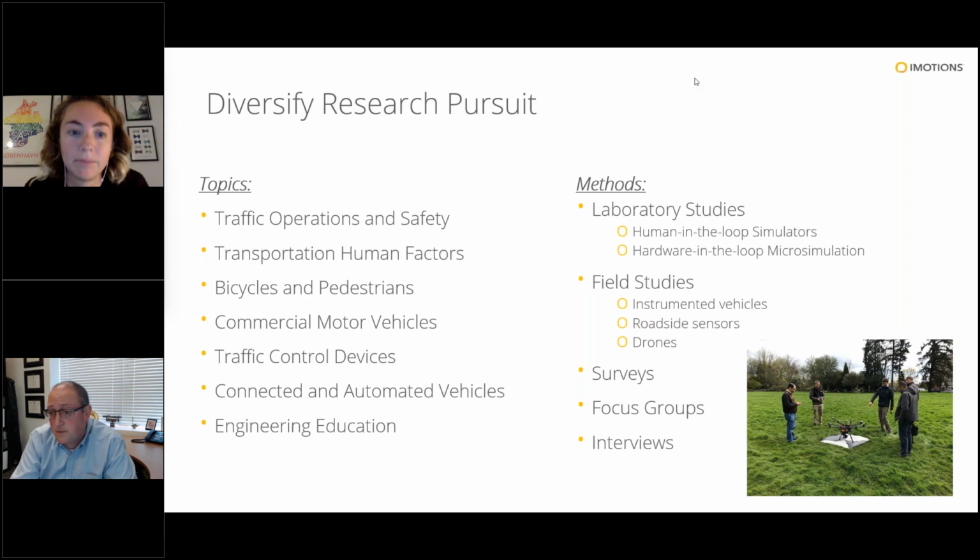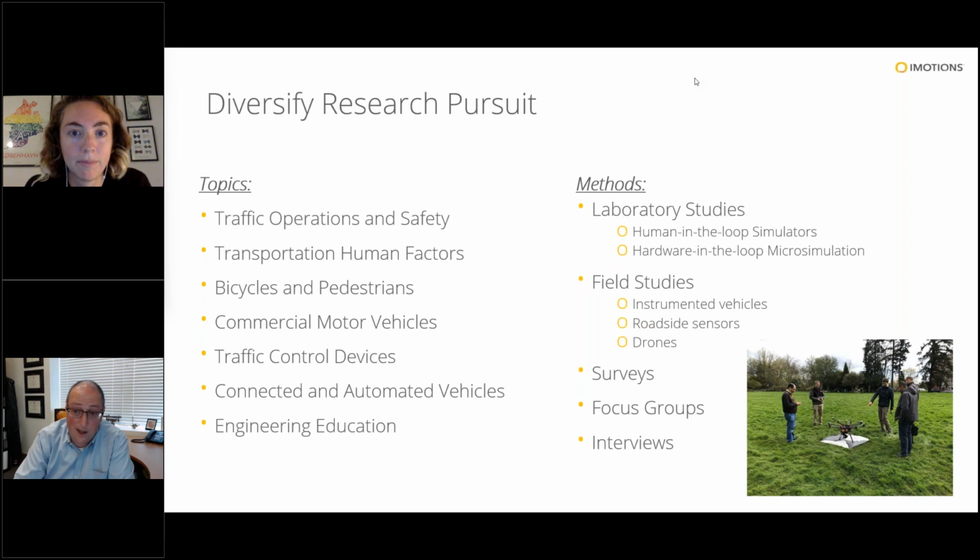Another bin that might be worth leaning into are the methods that we employ. Today, we're talking predominantly about our human in the loop experimental capabilities and interests. And so that's one type of laboratory study. We also do hardware in the loop microsimulation in the traffic domain, where we plug real controller cabinets into tools like VISSIM in order to model actual signal operations in a more robust fashion.